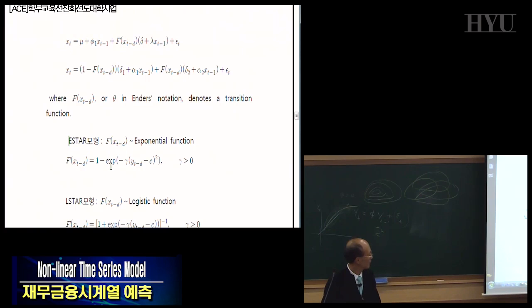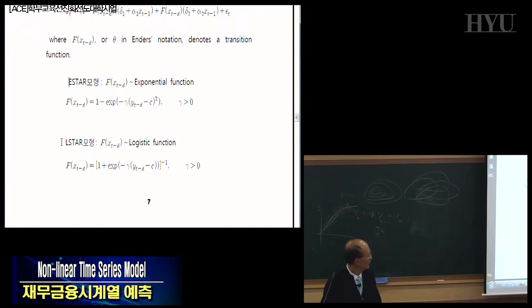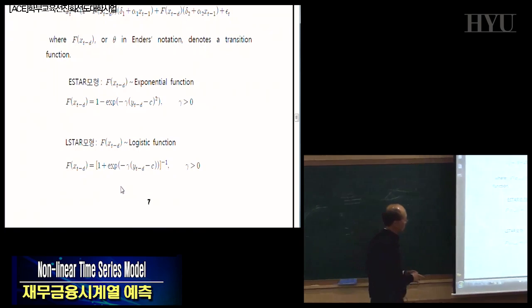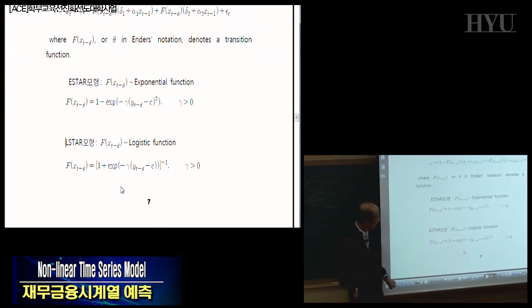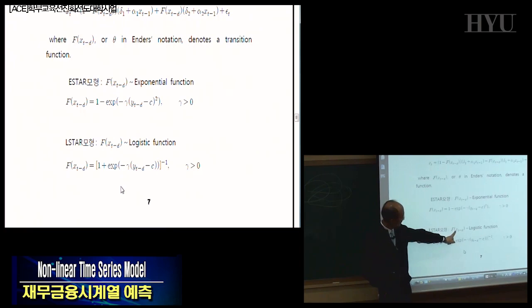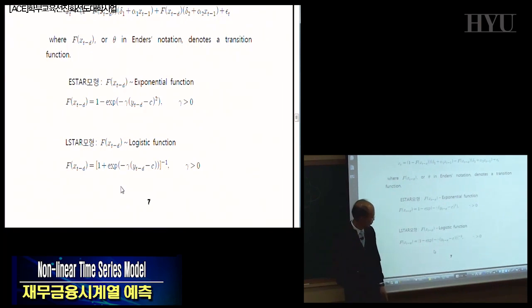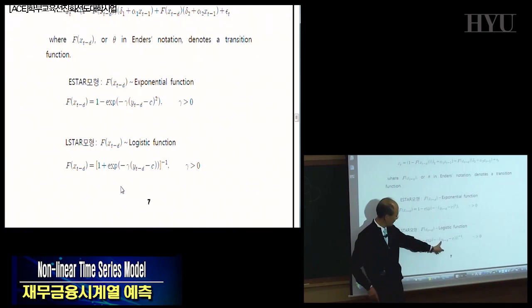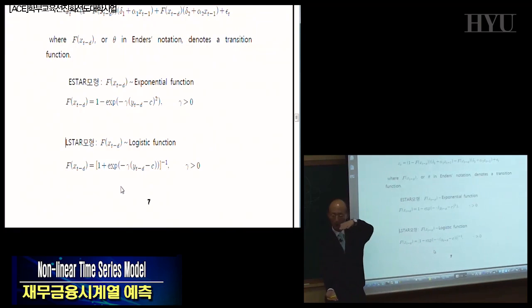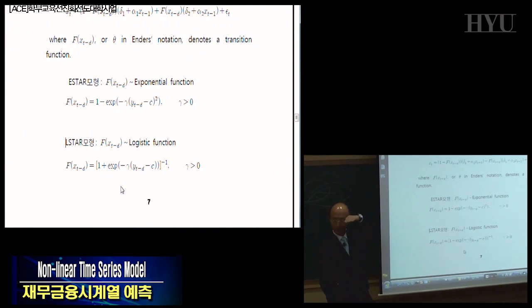Okay. There is another one known as the logistic star model, L star. f is defined in this way, as a logistic function. So f of that is 1 plus exponential logistic function, and there are parameters gamma and c. So this function, regardless of the value of y, will be bounded between 0 and 1 again.